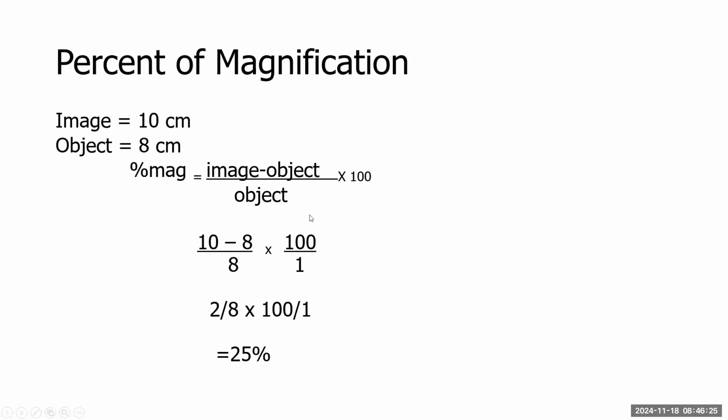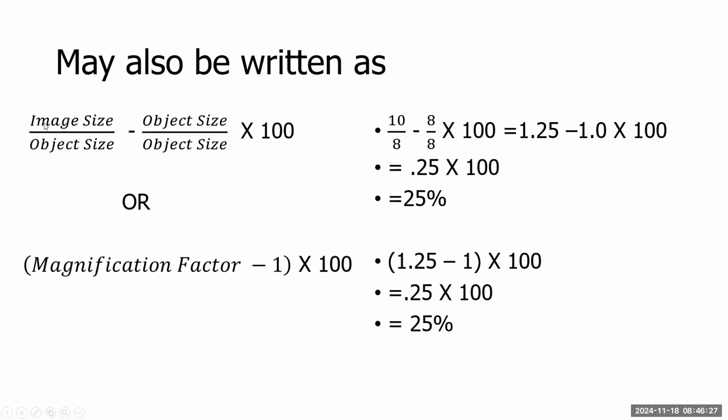So this is just written the long way. Everybody follow? And this other one takes image size over object size as magnification factor, and anything divided by itself is 1. So that's why it's all going to give you the same answer.